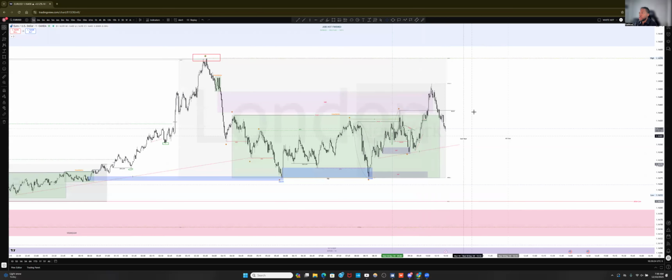So you want to wait for that confirmation if this was the only consolidation zone for us to sell down and take this one. But because it's not, you're still within this big one. This is just internal consolidation within the external consolidation.